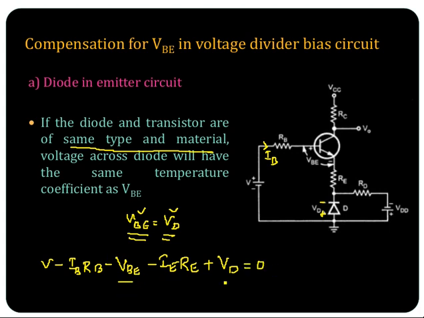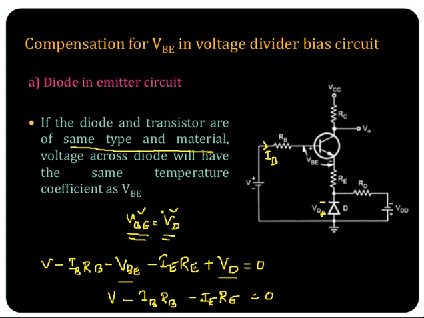Since these two are equal, the changes in this will also be the same as the change in this. We can say that this equation gets modified as V minus IB RB minus IE RE equal to 0.